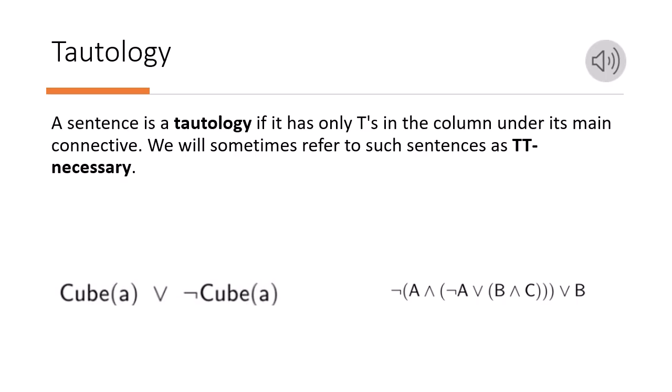And so it was an example of a tautology and therefore a logical truth. And we would also say that it's TT necessary. And likewise, the same thing is true of the sentence on the right there with A, B, and C. It is also going to get T's underneath it if you go through that process of evaluating that truth table. And so it is also a tautology.